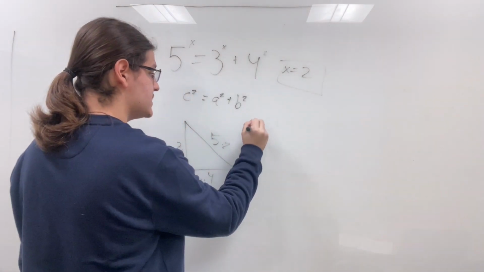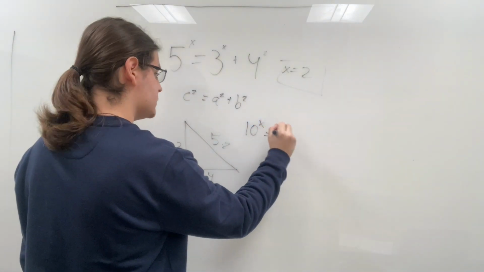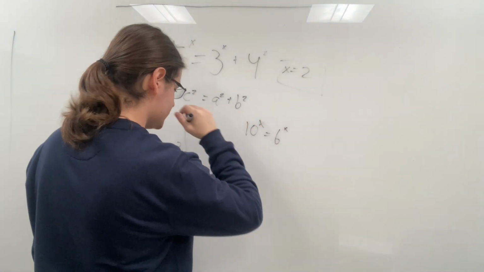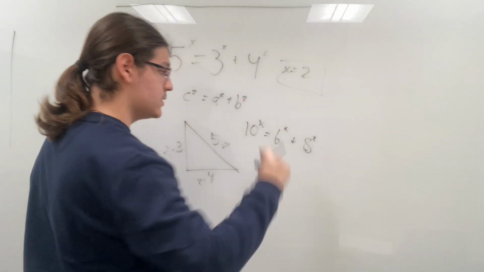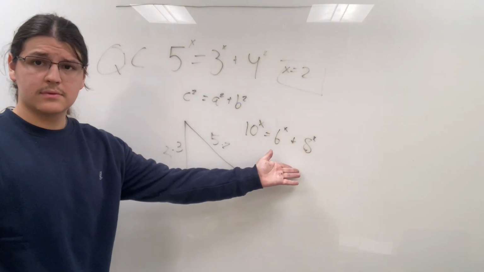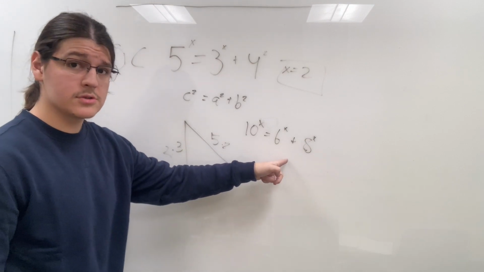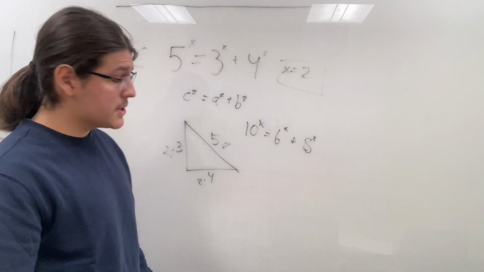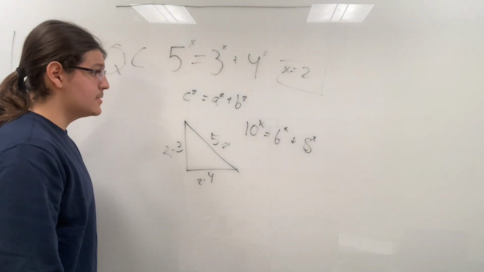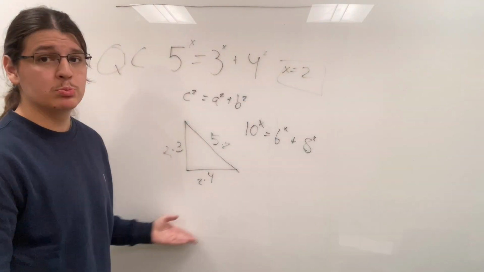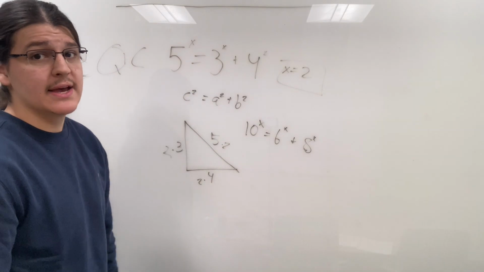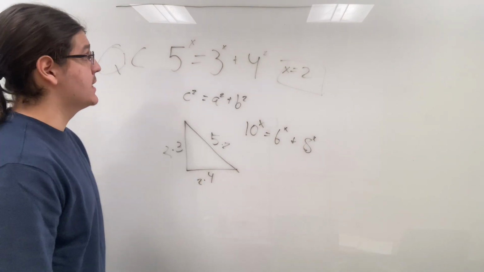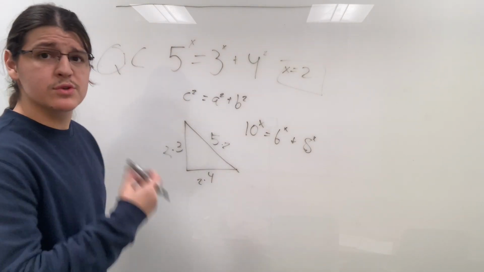If this was 10x equals 6x plus 8x, what is that? This is also x equals 2. So yeah, not very well executed, right? I didn't brute force my way through this, used logs and stuff, but it was cool.